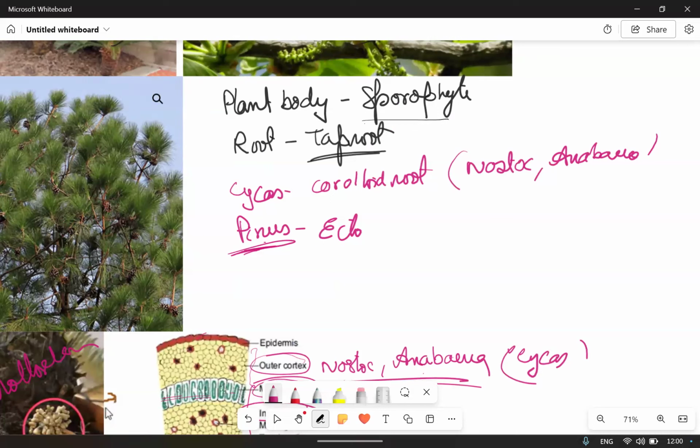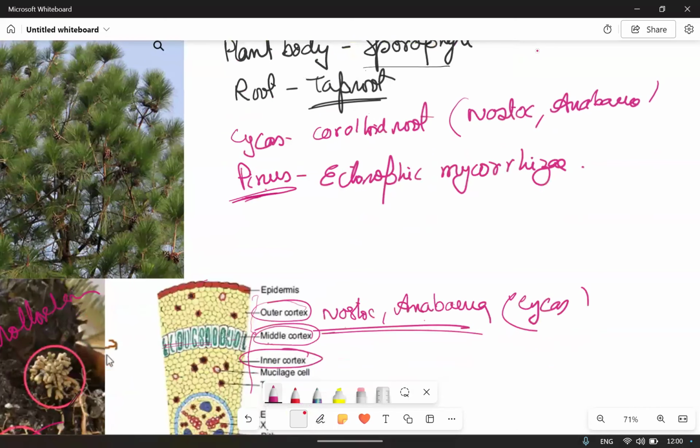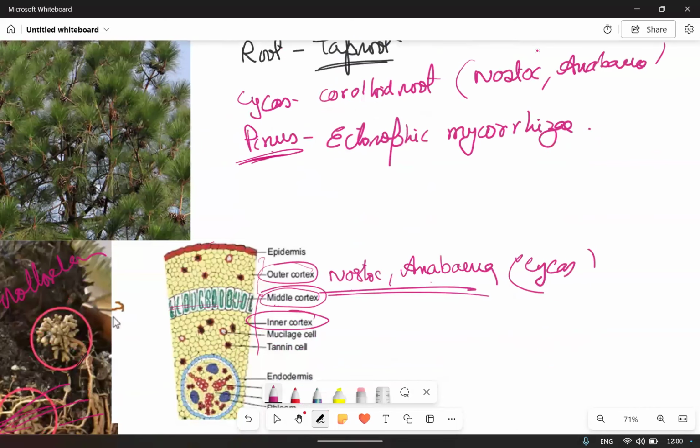We have studied ectotrophic mycorrhizae in pinus, we can say. So cycas roots are coralloid roots and the pinus roots have ectotrophic mycorrhizae. And what about the leaves?